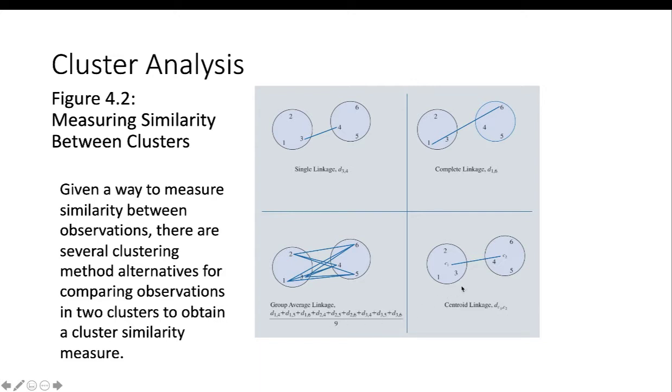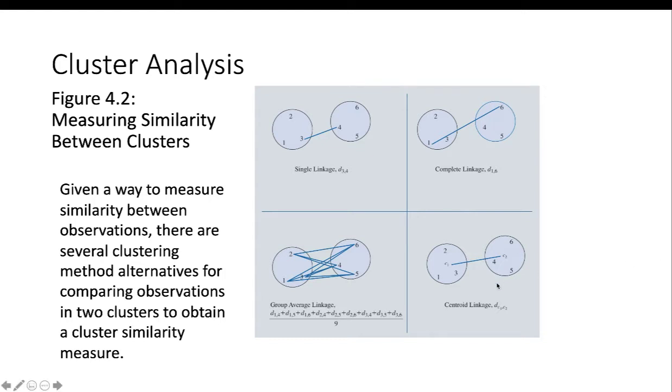The median linkage method is similar to the group average linkage, except that it uses the median instead of the mean of the similarities computed between all pairs of observations between two clusters. The use of median usually reduces the effect of outliers. So if you have a large range of values in your data set for a particular variable, you probably want to try using median to reduce the bias.